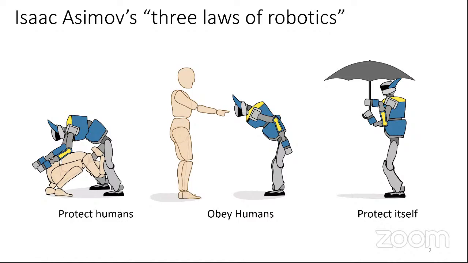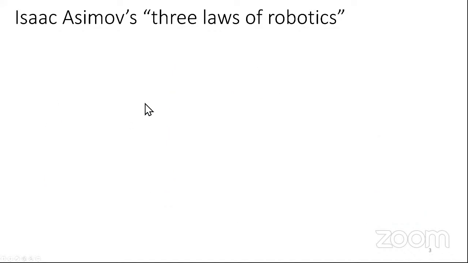These laws are rubbish. Even Asimov, who made these laws, meant his work to show that these kinds of rules cannot work. So it's more of a philosophical thing. But I like the idea of having laws, so I want to make my own laws.